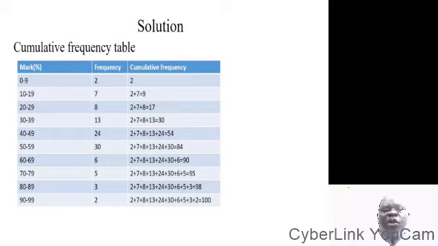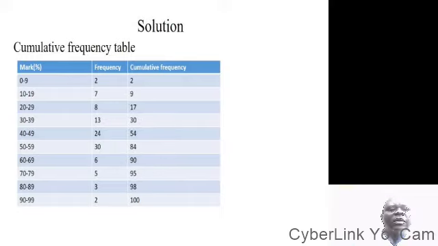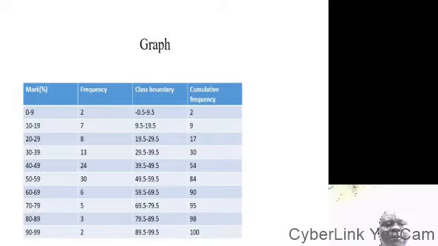Then we introduce what we call class boundary. We use class boundary to eliminate the gap between each of the class intervals. In the first class interval we have 0 to 9. 0 is the lower class limit, while 9 is the upper class limit. In the second one we have 10 to 19.